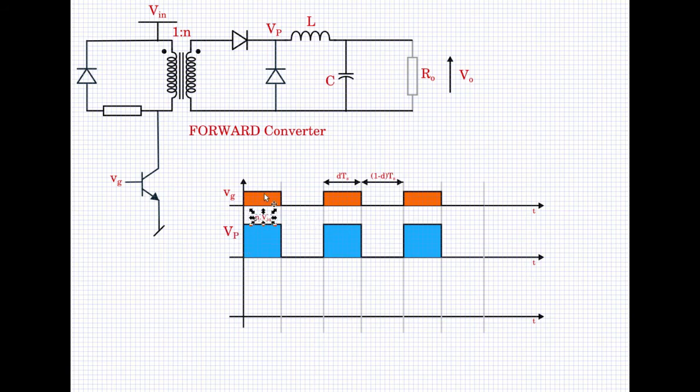When the switch is on, during that time here you have V in, and what gets transferred to the secondary is N times V in, and N times V in will come across at this point. So that is what we have shown here. And during the time when the switch is off, the inductor current is freewheeling in this fashion, and VP is 0.